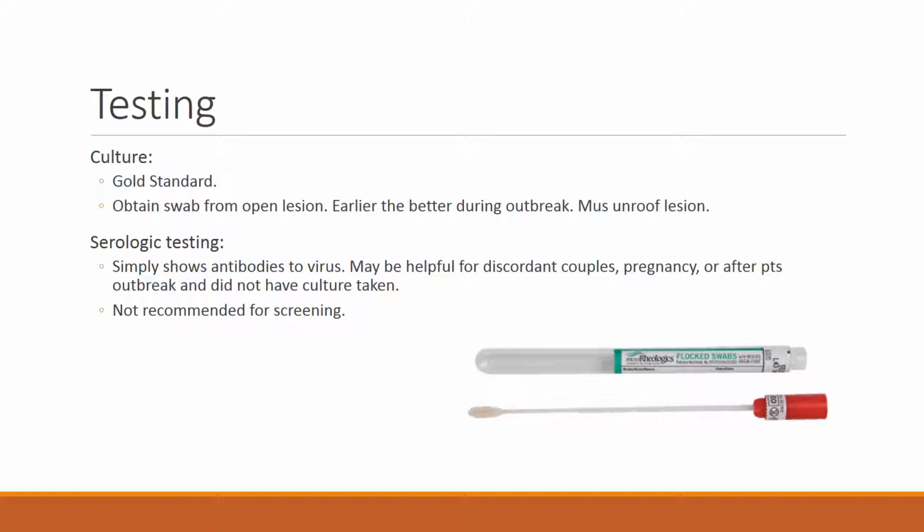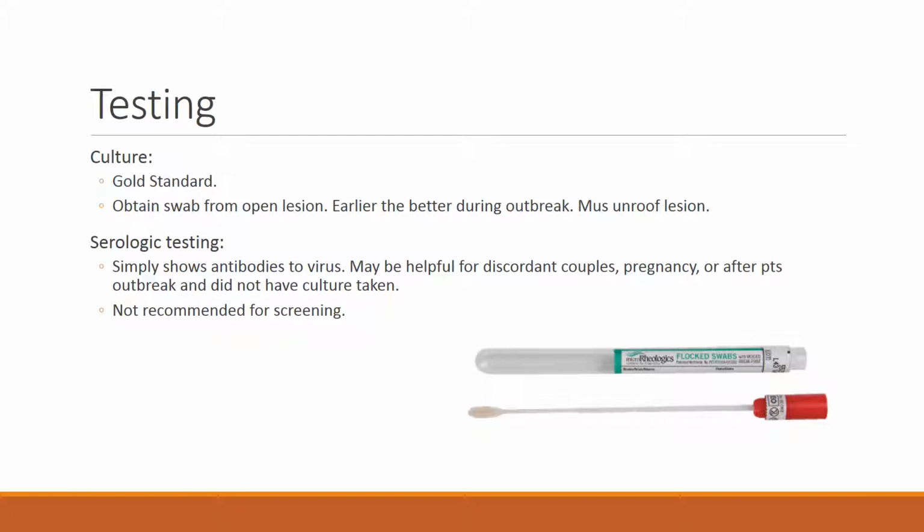If it's an older lesion that's been healing and has a healed top to it, unfortunately you have to unroof that lesion to get a good sample. If you take a sample with it still as a vesicle or a roofed lesion, you're not going to get a very good sample and your results are not going to be very sensitive.